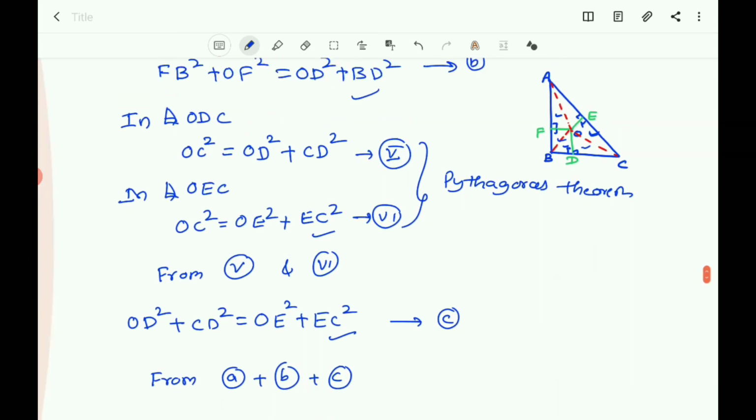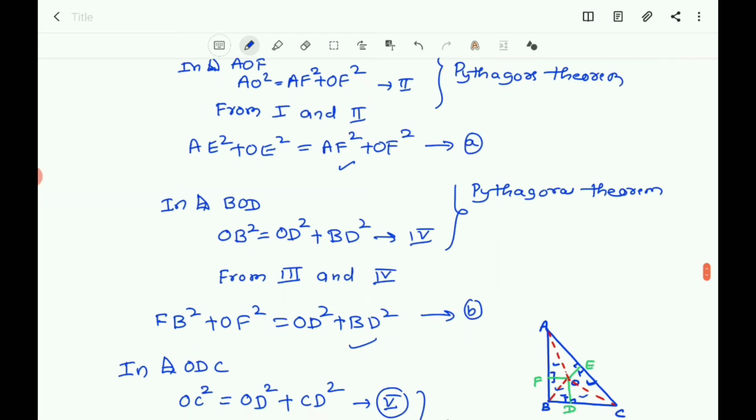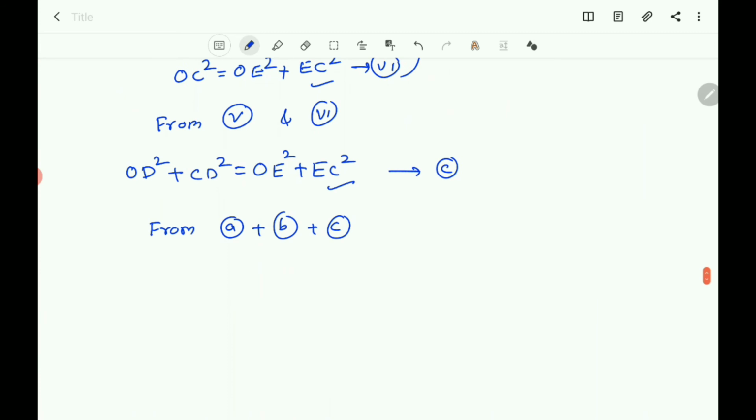So first LHS is AE square plus OE square, right?